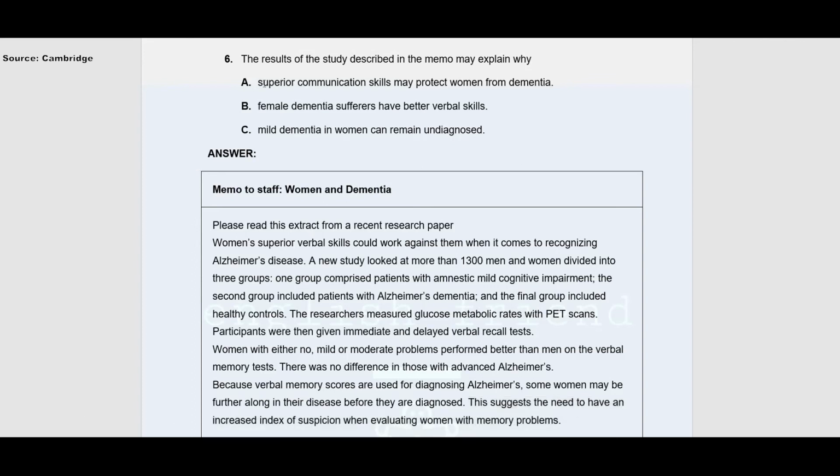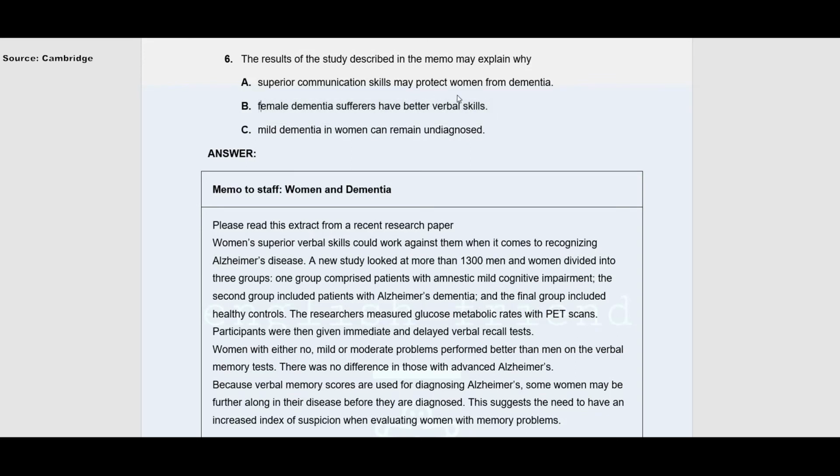Now let's go through the options. Option A says superior communication skills may protect women from dementia. No, that is not right. It is quite clear from the first line itself. Women's superior verbal skills could work against them when it comes to recognizing Alzheimer's disease. So superiority in verbal skills is not actually a good thing for them because it could work against them in recognizing this particular disease. So option A is wrong.